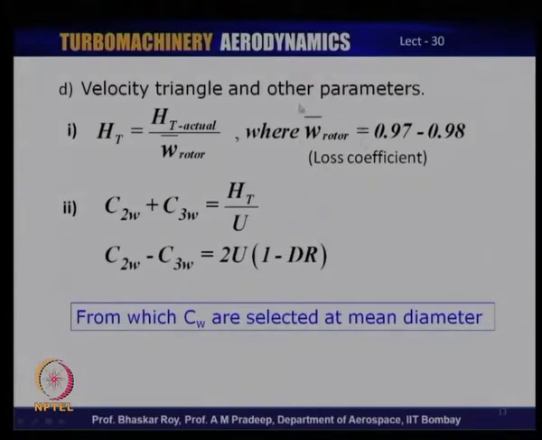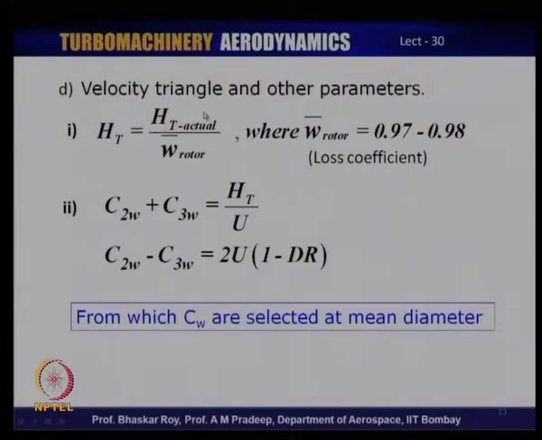So, for the rotor losses, for example, one can assign a 2 to 3% rotor loss in turbines, depending on whether it is subsonic or supersonic. In supersonic, this will probably have to be twice the amount of losses, inclusive of the shock losses, and that gives you an idea how much is the actual work that the turbine would produce, compared to the ideal work that the ideal calculation tells us.